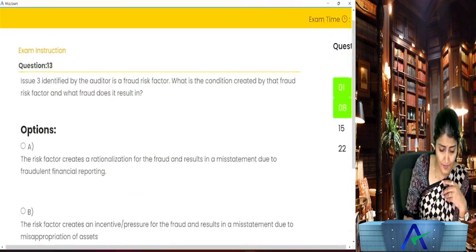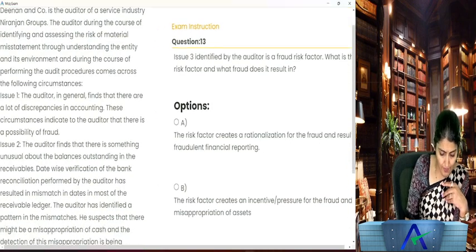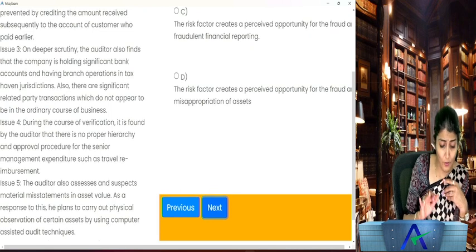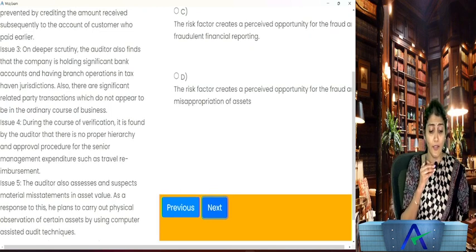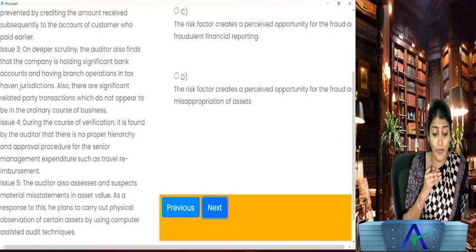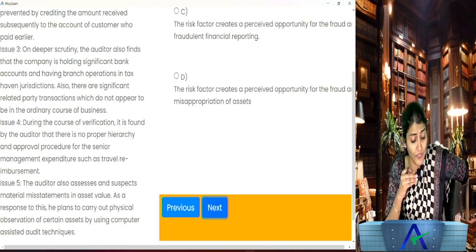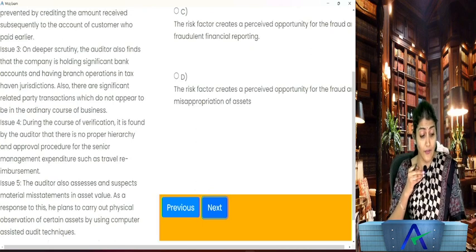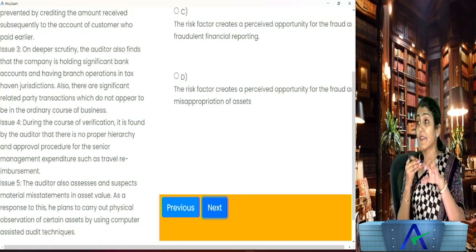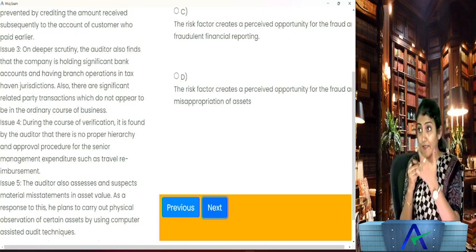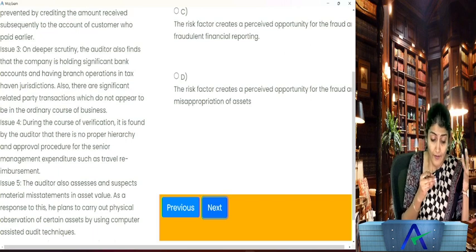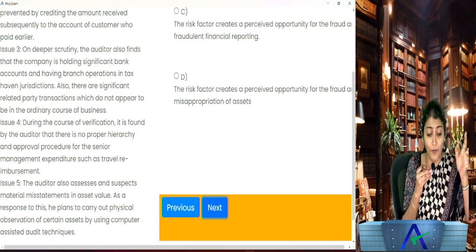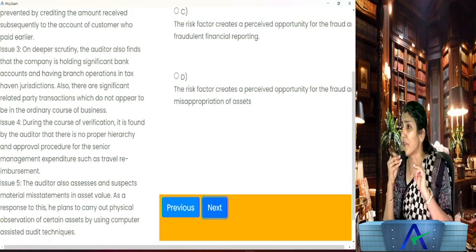Then after that, issue 3. Again we need to read issue 3. On deeper scrutiny, the auditor also finds that the company is holding significant bank accounts and having branch operations in tax haven jurisdictions. Here they always write haven as H-A-V-E-N; whenever they say tax haven, that is how it is. Also, there are significant related party transactions which do not appear to be in the ordinary course of business.